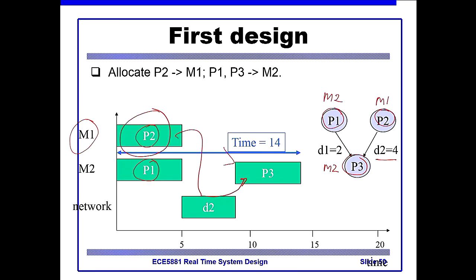All right, is there a better solution? It's a bit hard for you to work this out now, but do you think there's a better solution or not? To start P3 while you're transmitting P2, if it's not required... P3 requires the data from P2, so it's got to wait for that to be all available.